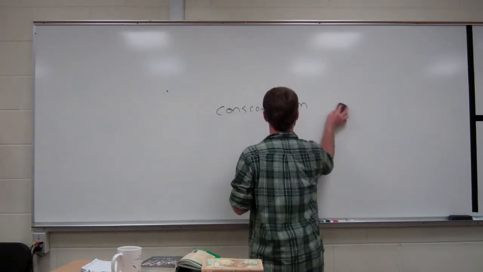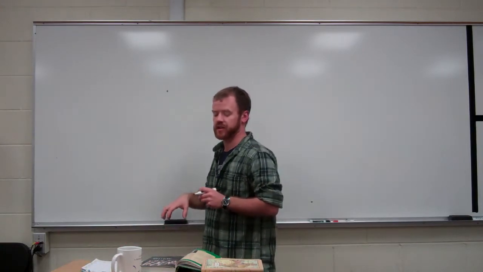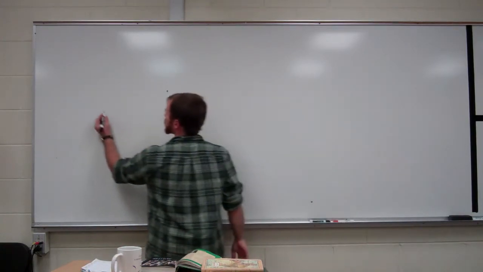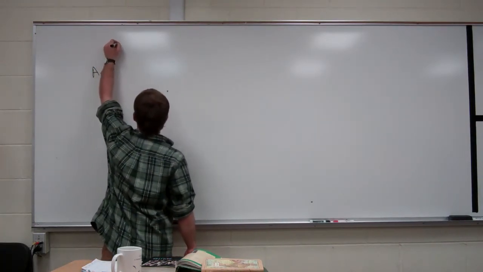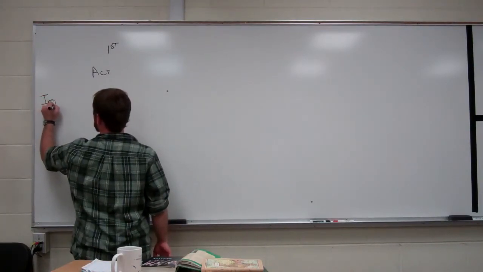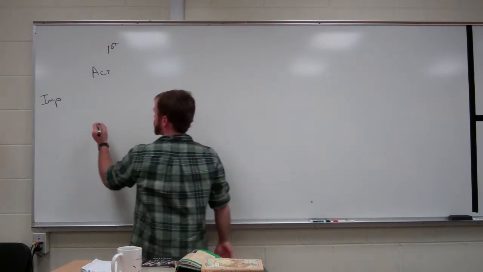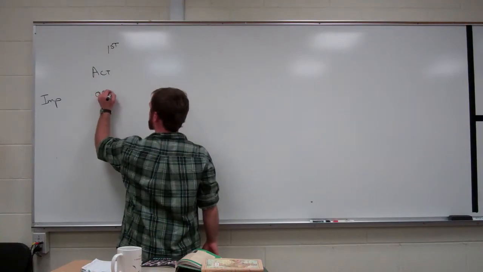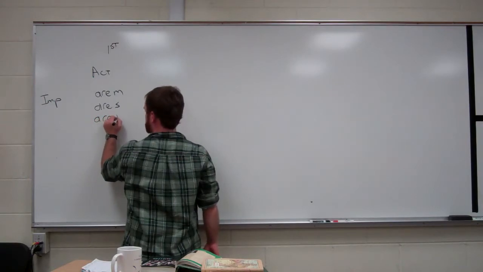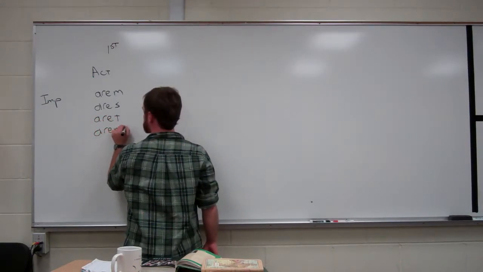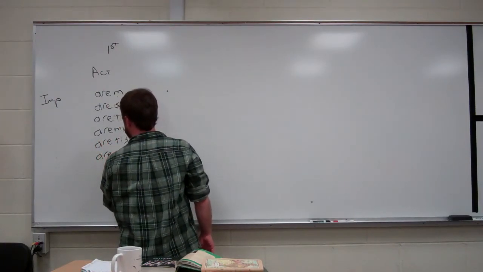So when we're filling in our charts, we have a couple of different columns for first, second, third regular, third IO, and fourth. So for the imperfect, we're dealing with the imperfect row, the first conjugation, the active column: A-R-E-M, A-R-E-S, A-R-E-T, A-R-E-M-U-S, A-R-E-T-I-S, A-R-E-N-T.